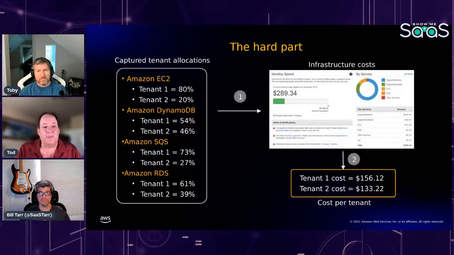You still don't know cost per tenant. Somewhere out there, you've got to go get the cost data from whatever environment you're running in, and you've got to correlate this data to that cost data. That seems like, oh, that's just read some file and apply some math and I'm done. In reality, that can be a heavier lift than getting the data about consumption.